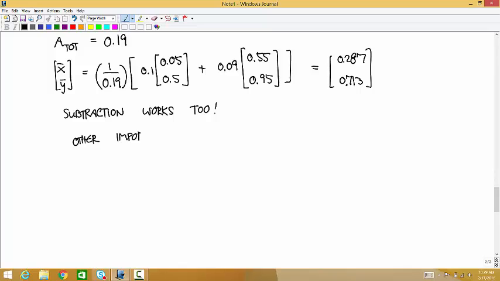So other important facts about this sum approach come from taking d dt of both sides of that equation.